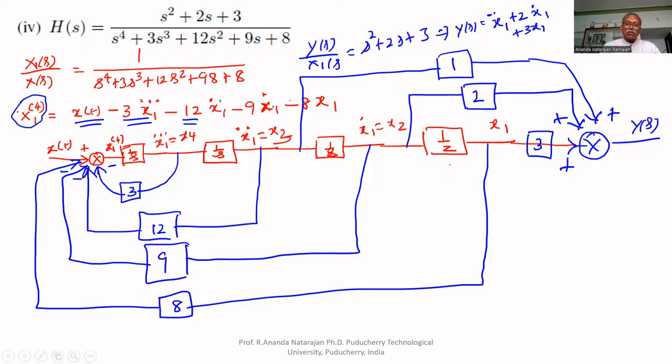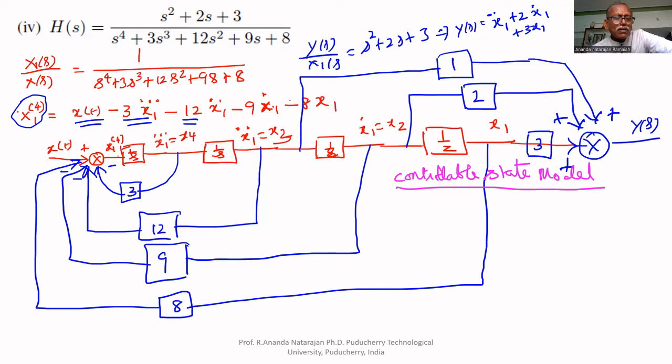First, from the transfer function, we got the controllable canonical realization. That is the physical model. From that physical model, we can get a state model which is controllable.